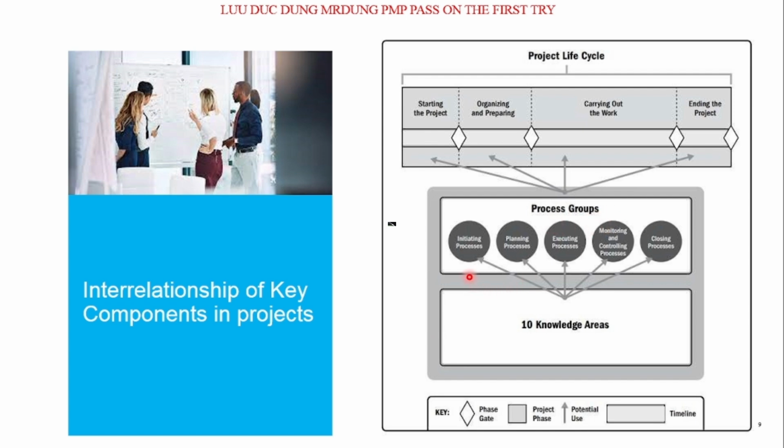Process groups: we have the initiating process, planning process, executing process, monitoring and controlling process, and closing process. For the 10 knowledge areas, in the next slide, we have to understand the 10 knowledge areas and also the 5 process groups.